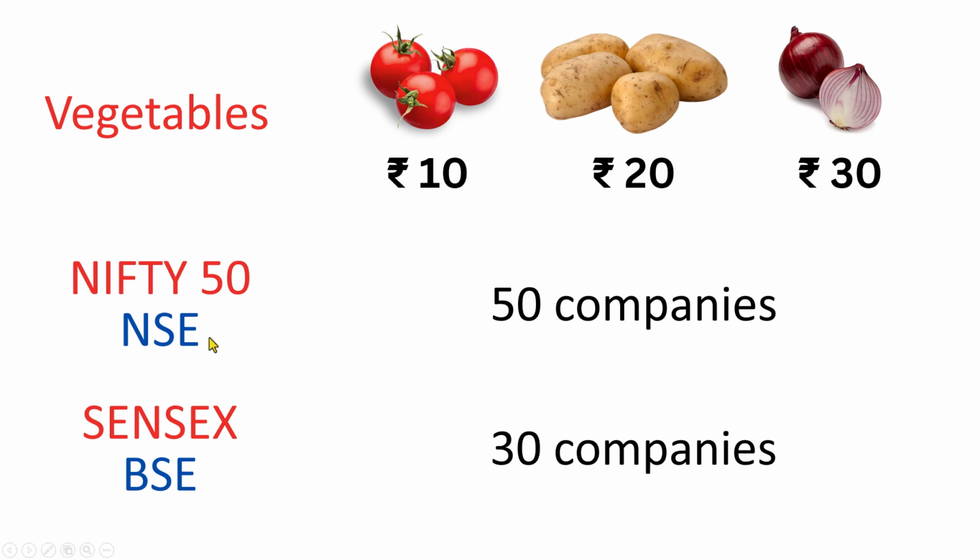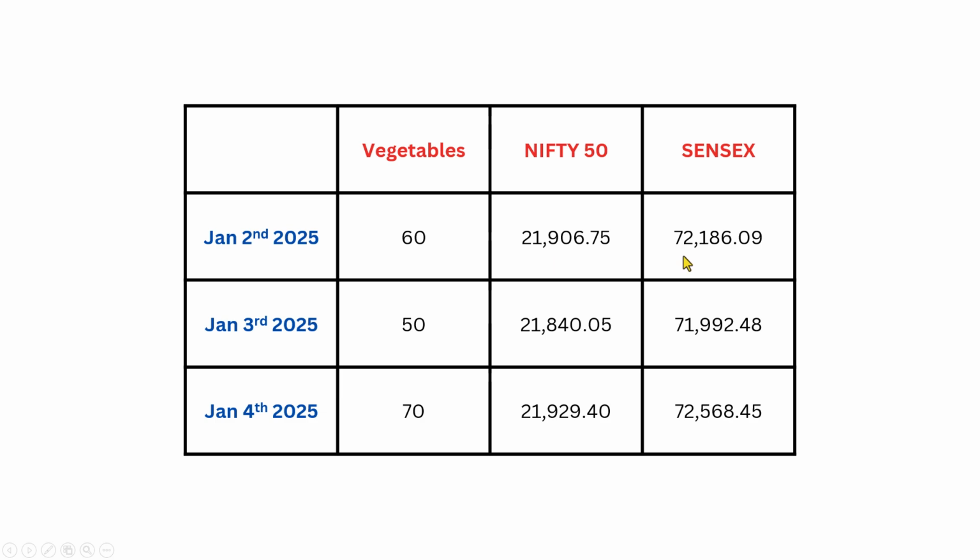Now, it is just a value. Here, it was rupees. 10 plus 20 plus 30. It was 60 rupees. But when we say value for index, it is just a value and not rupees. Okay. Now, how are these values calculated?